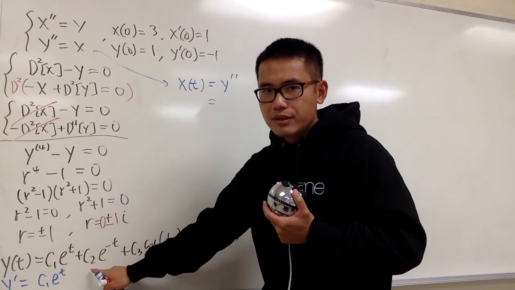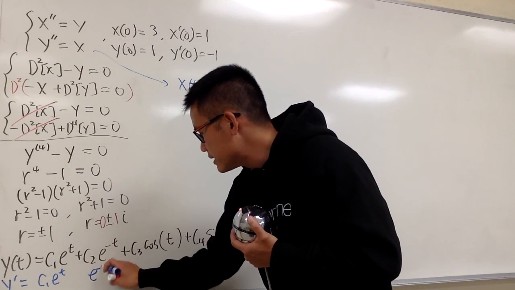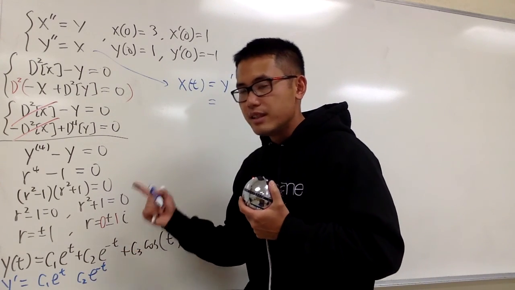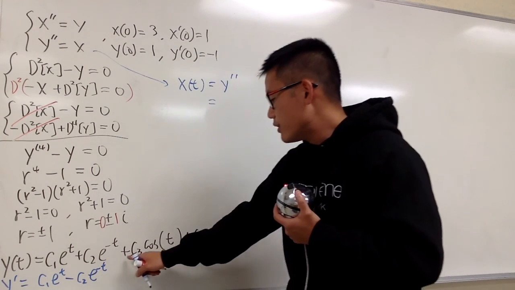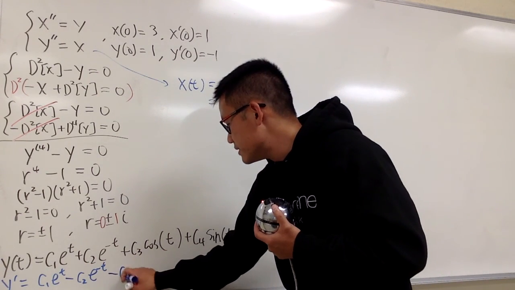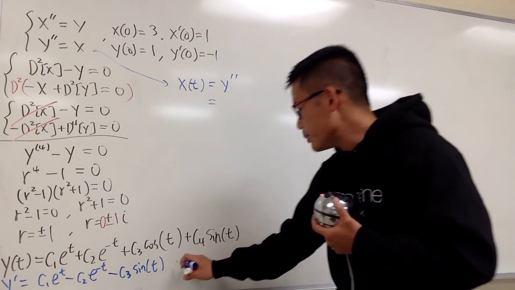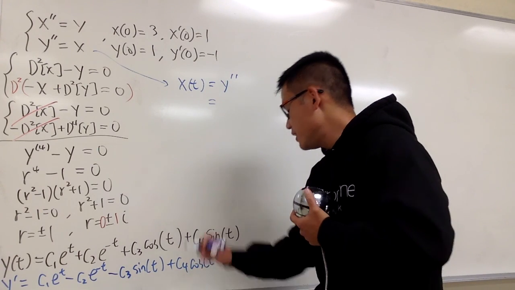And then I have to differentiate this, right? E to the negative t stays, and then c2 also stays, but then the derivative of negative t is -1, so I have to make this into negative. And then the derivative of this is going to be negative c3 sine of t, and then the derivative of this is going to be plus c4 cosine of t.